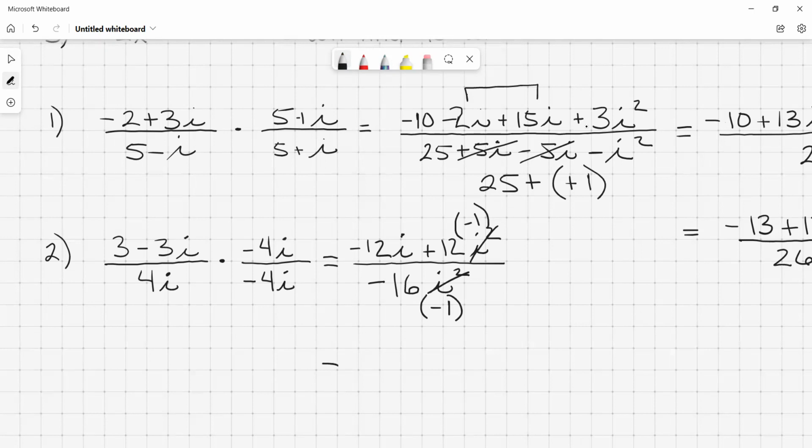So in the numerator, you end up with a negative 12, because 12 times negative 1 is negative 12, minus 12i. And in the denominator, negative 16 times negative 1 is 16.